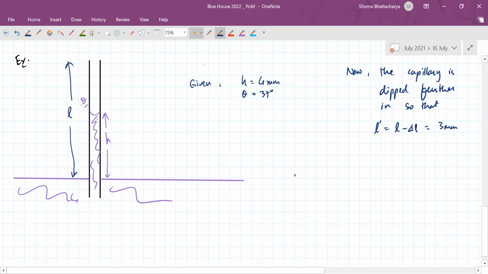So it's less than the natural capillary rise. Okay. Then find the shape of the meniscus. That is the new value of the contact angle.